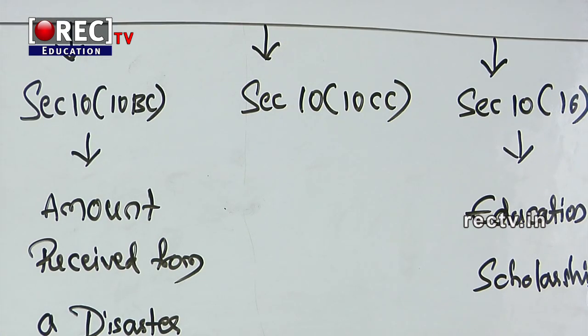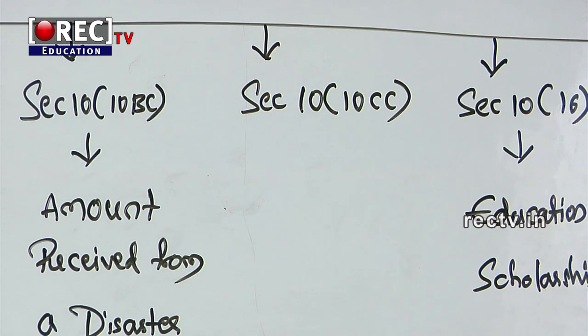Section 10 subsection 10CC. In practical life, an option has been given to the employer to pay tax on the non-monetary perquisite offered to the employee. The tax treatment of such tax paid on non-monetary perquisite is divided into two: in the hands of the employee and in the hands of the employer.